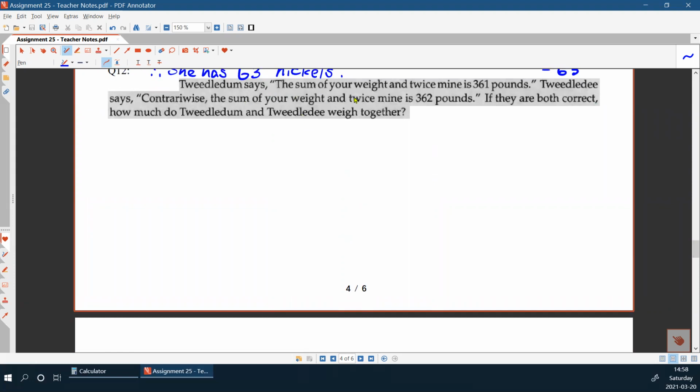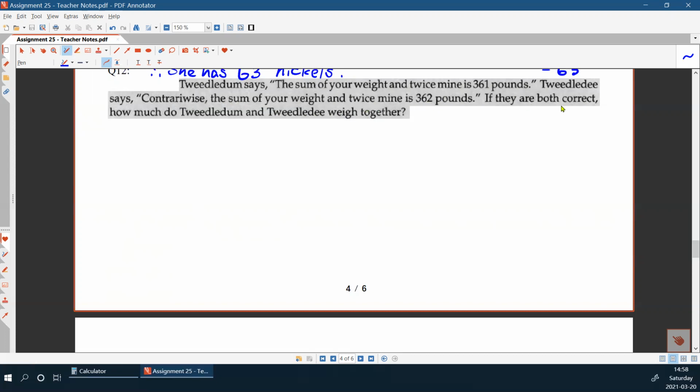Tweedledum says, the sum of your weight and twice mine is 361 pounds. Tweedledee says, contrariwise, the sum of your weight and twice mine is 362 pounds.